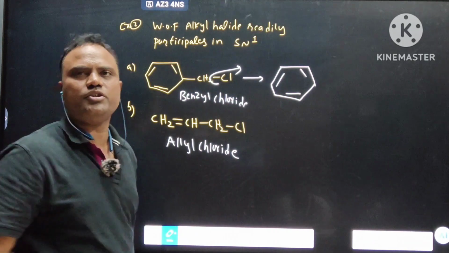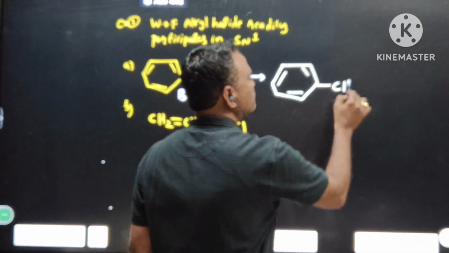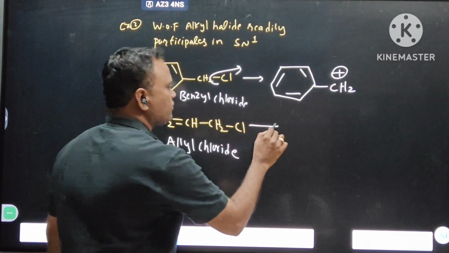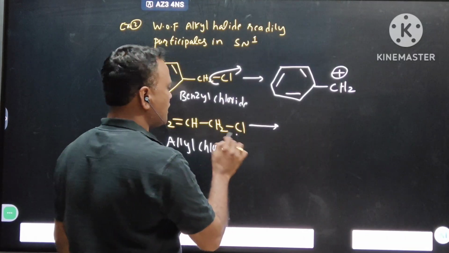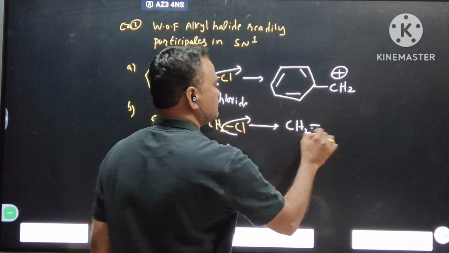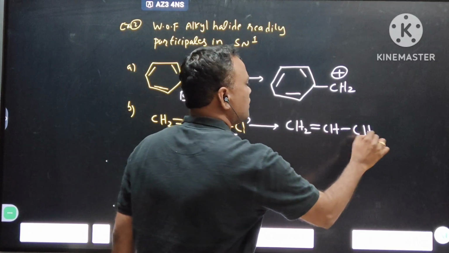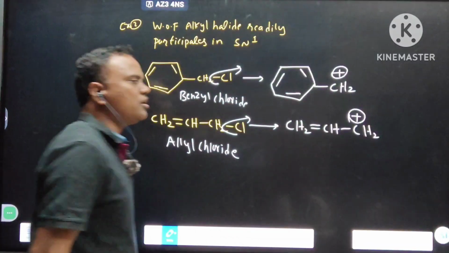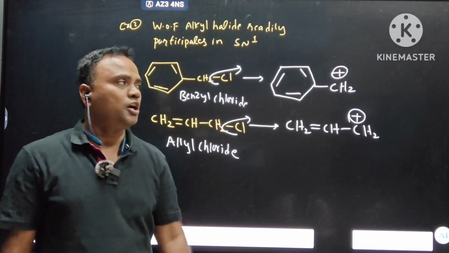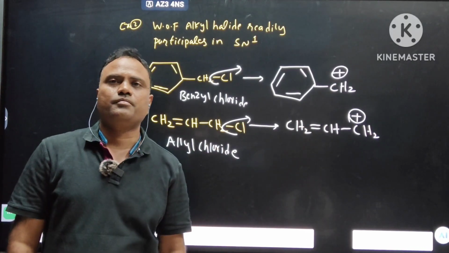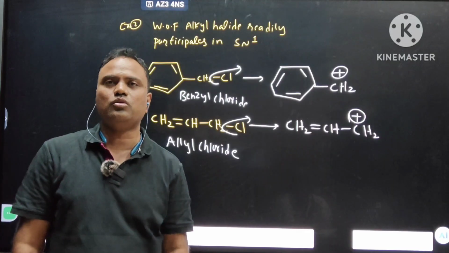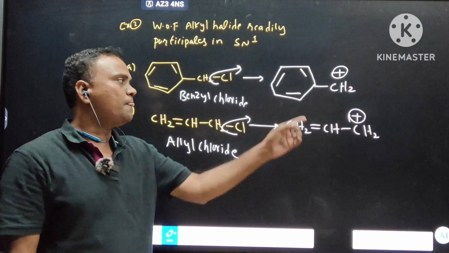Remove the halogen along with the bond and write a positive charge. Now analyze which is the stable carbocation. In GOC, I gave the overall stability order in the video lectures also. You can see the overall stability order is given to you.